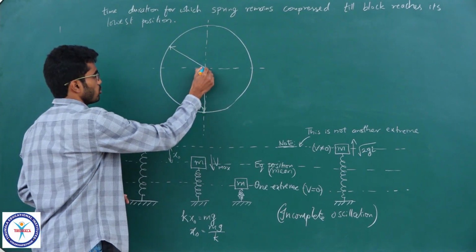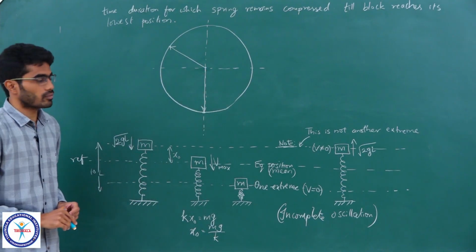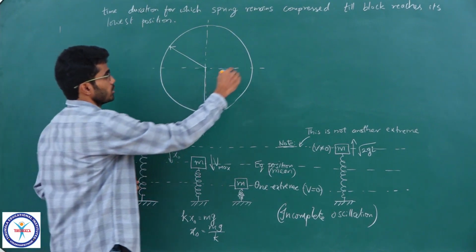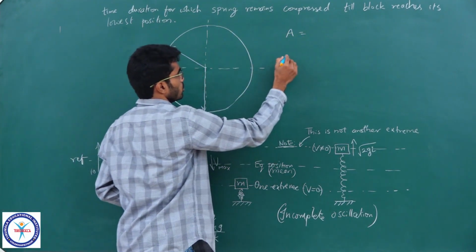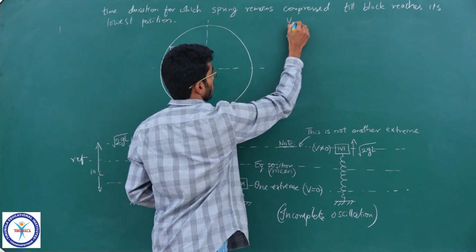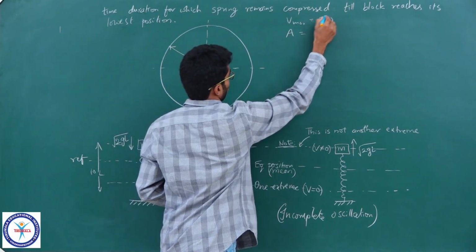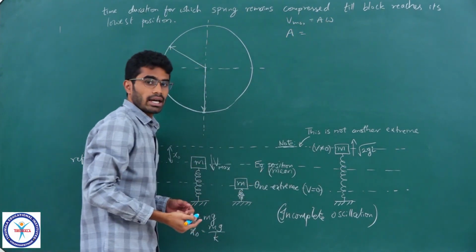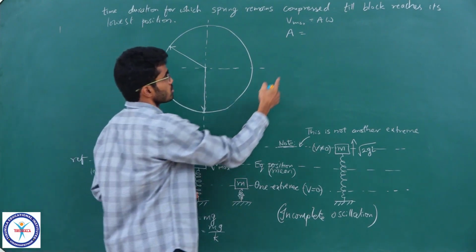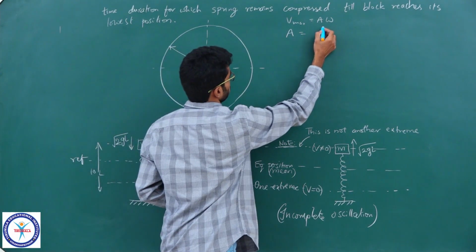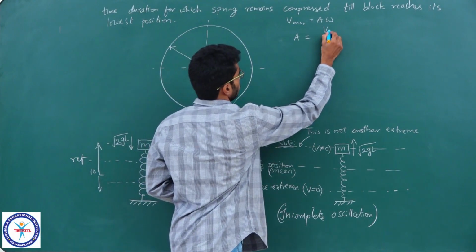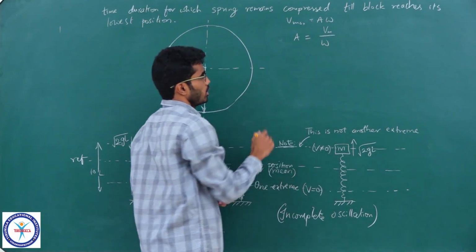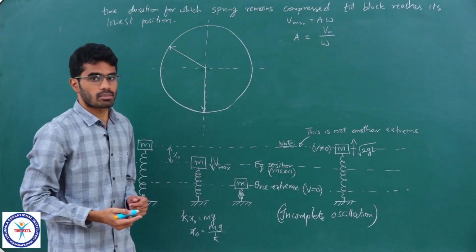Do we have an idea of amplitude here? We can calculate the amplitude easily with this. Amplitude, we know V max is A omega. V max we have already calculated it 3 by 2 root GL. So, amplitude will be V max by omega. How do you calculate omega for this problem?